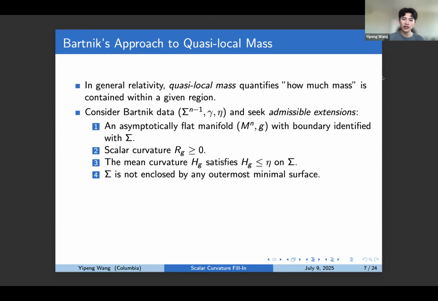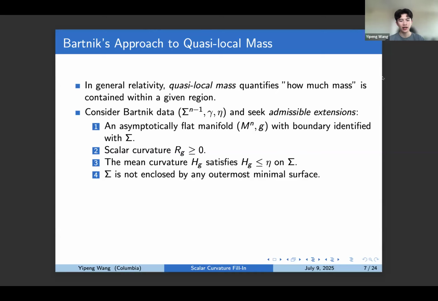And then this asymptotically flat manifold has non-negative scalar curvature. When you add this asymptotically flat manifold from the outside, you want the mean curvature to be bounded from above by this function eta that you are given here.